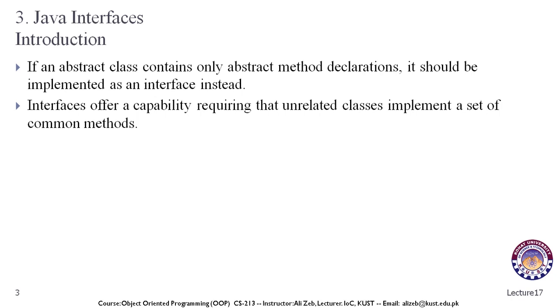In our shape example, all of our subclasses were some kinds of shapes. Triangle was a shape, circle was a shape, and rectangle was a shape, and they had many things in common which were included in the superclass shape.